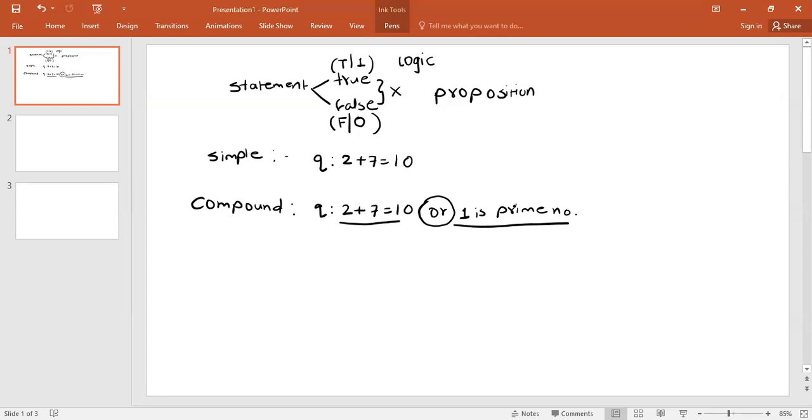We will see negation. What is negation in types of compound statement? Negation is a compound statement in which the word not is the connective used.